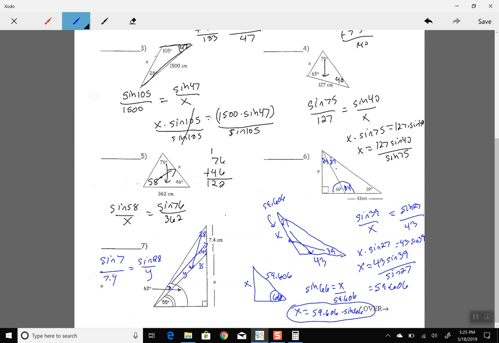So I'm going to solve for y. Divide both sides by sine of 7. That cancels, so y would be 7.4 times the sine of 28 divided by the sine of 7.